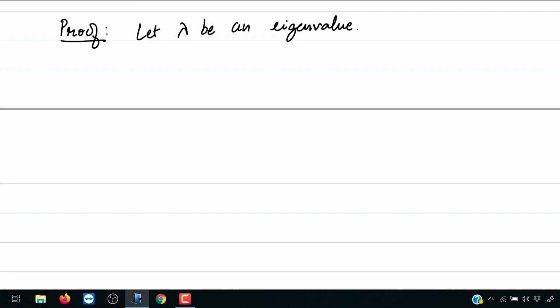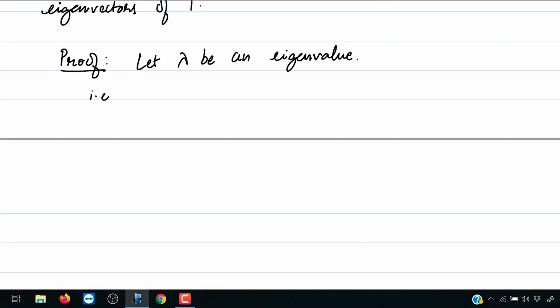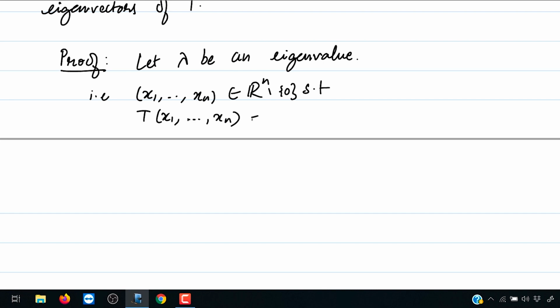Then what does this mean? This means that lambda is an eigenvalue if there exists x1 to xn in Rn, not the 0 vector, such that T of x1 to xn is lambda times x1 to xn. The 0 vector is avoided. Let's see what this becomes.